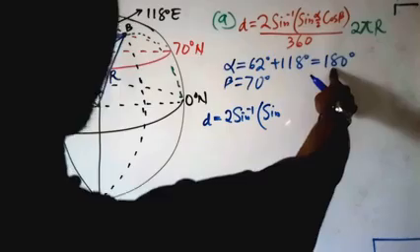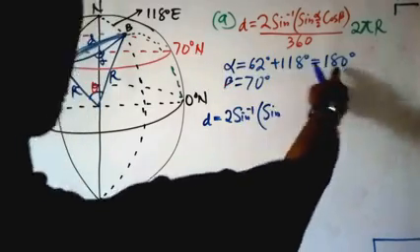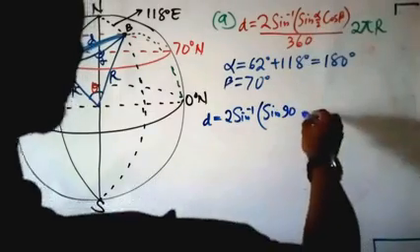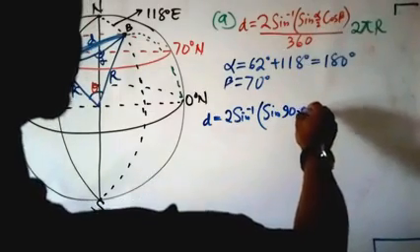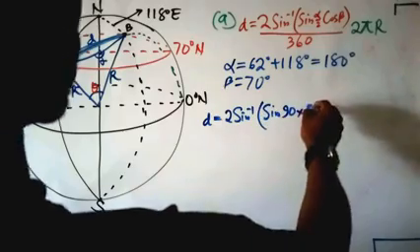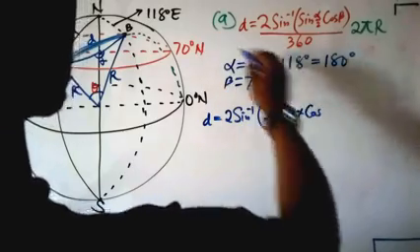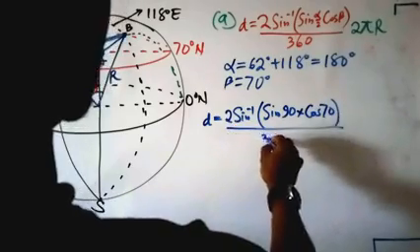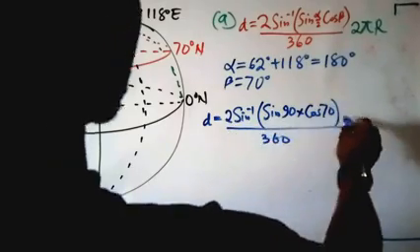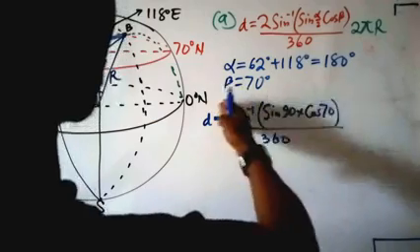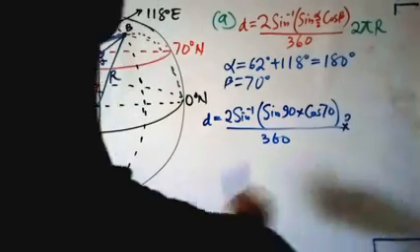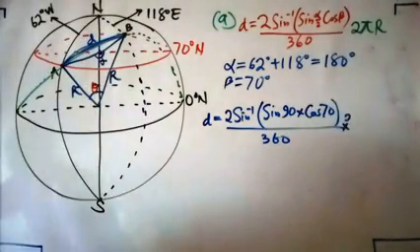That will be 180 divided by 2, that's my 90. Then I have cos 70 over 360. Then this whole thing up here is representing my theta. Then times 2.